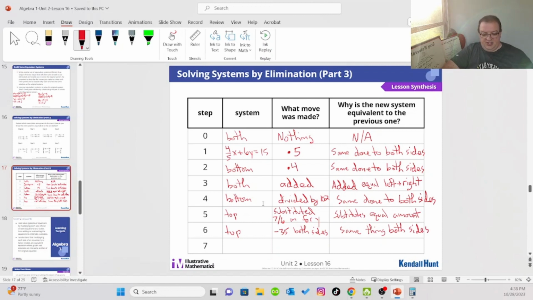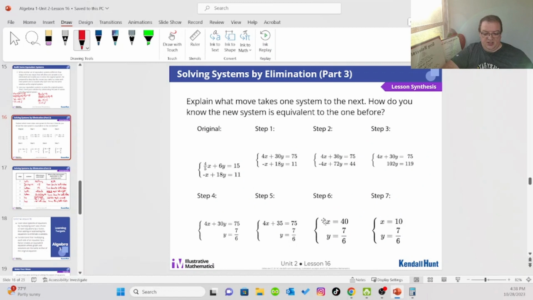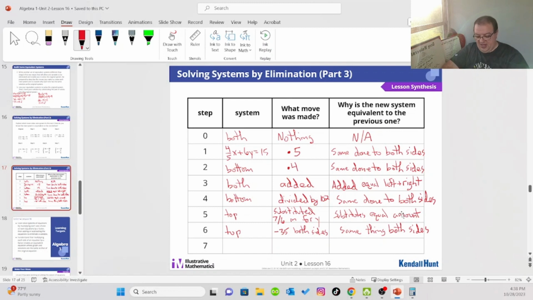And finally, to go from 6 to 7, we divided both sides of the top by 4 so we could solve for x. And again, they are equivalent because we did the same thing to both sides.